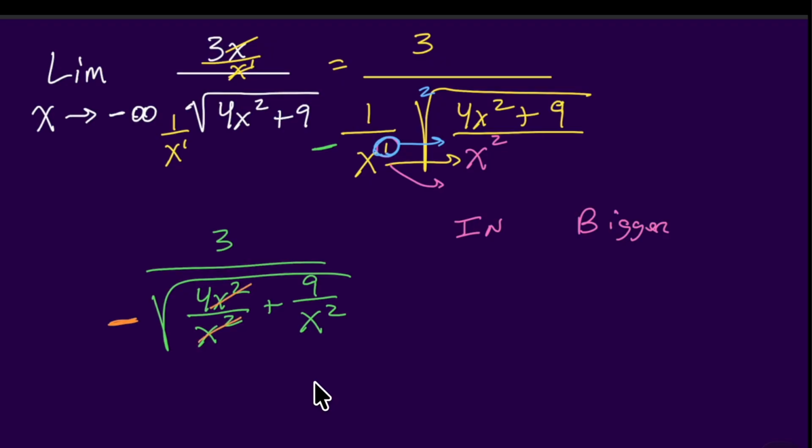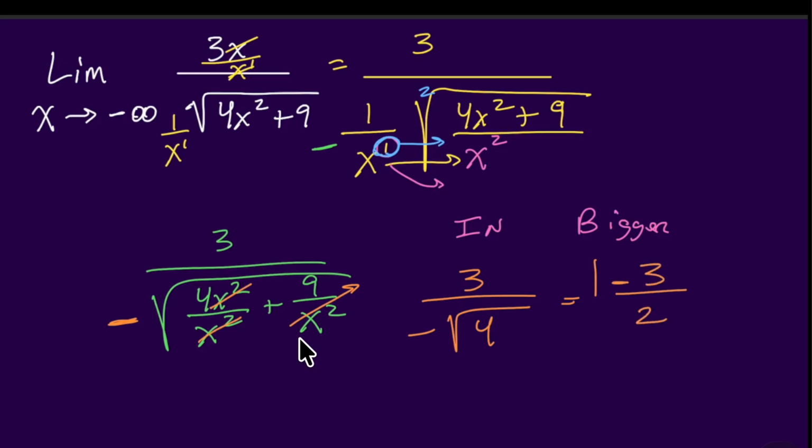This is going to go to 4 on the inside. That's going to go to 0. As x goes to negative infinity, this term goes to 0. Folks, that's going to give us 3 over minus square root of 4. Our final answer is going to be negative 3 over 2.